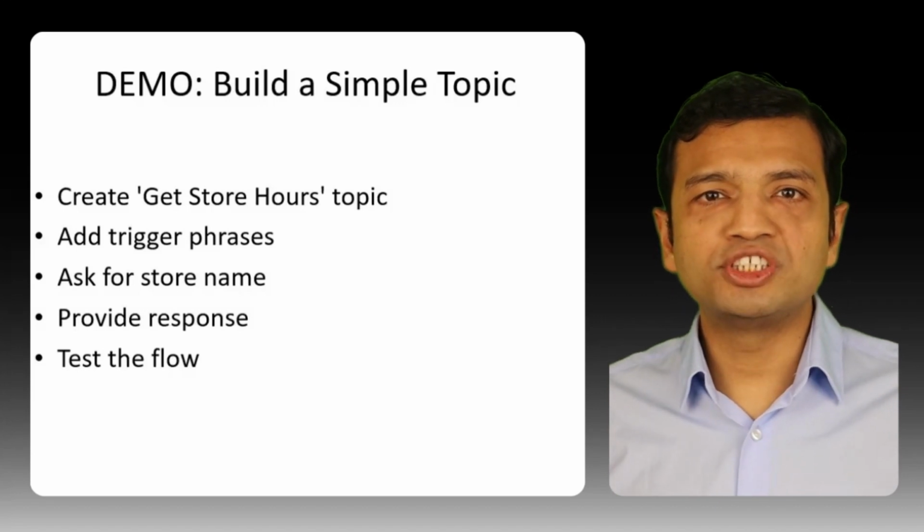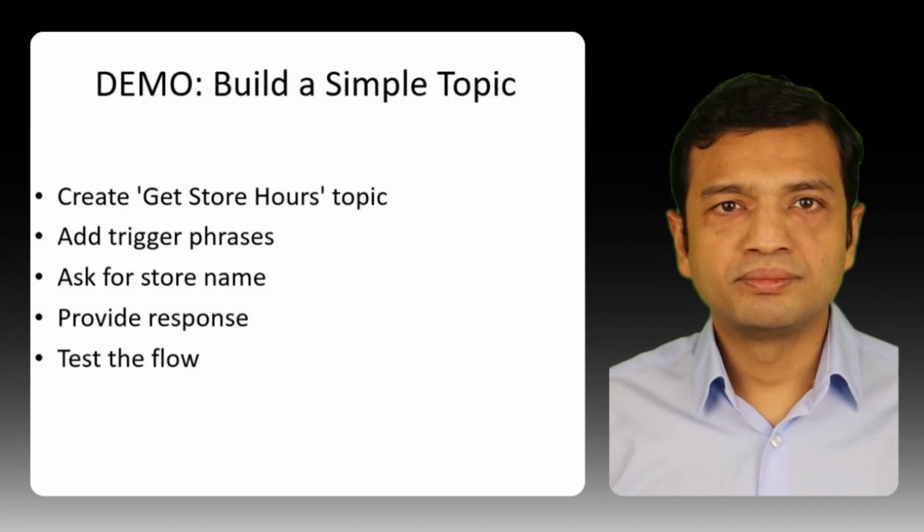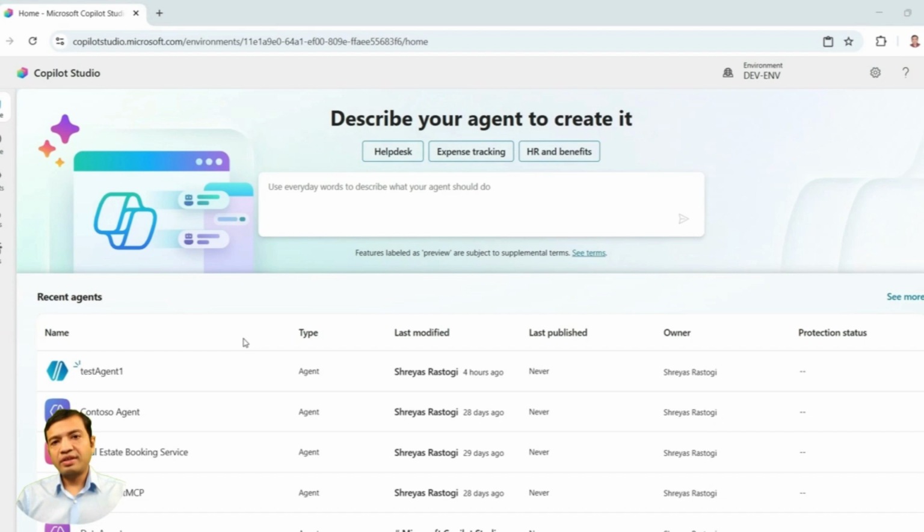So let's switch to the interface. Alright, let's jump into Copilot Studio and build a simple topic together. We will create a topic called Get Store Hours, collect the store name from the user, provide a response, and then test it end to end.